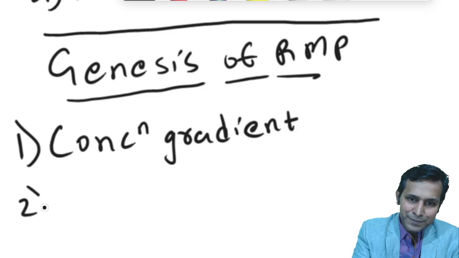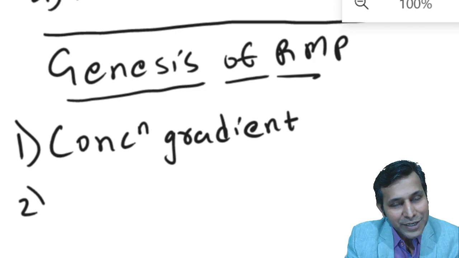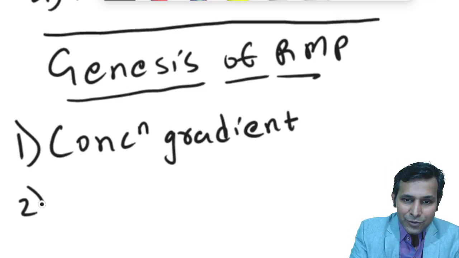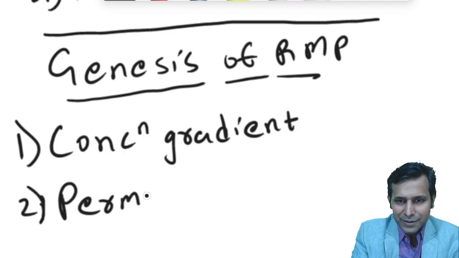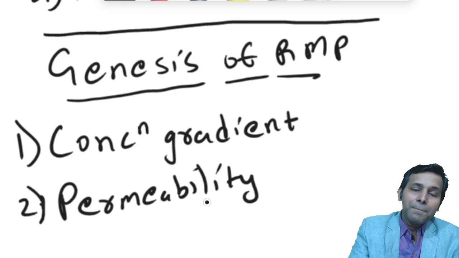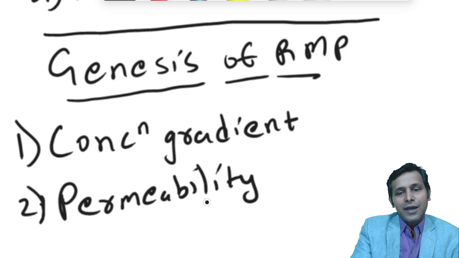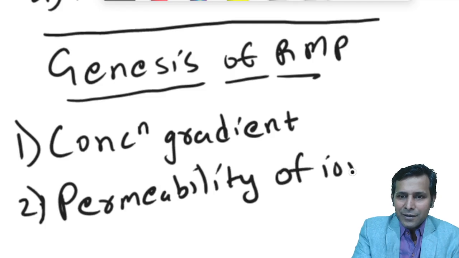Number two, apart from concentration gradient, we'll be looking for the permeability of the ions across the membrane. So concentration gradient and permeability are the first two factors.